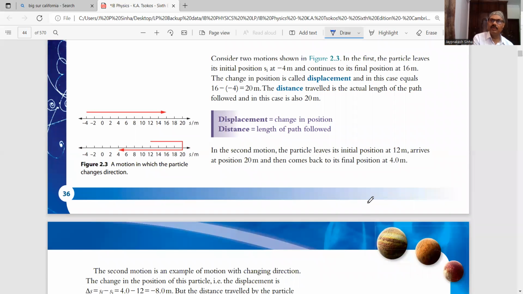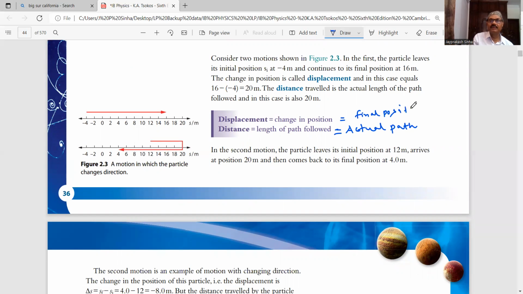You already know that displacement is the change in position, and distance is the length of path followed. This is the actual distance, this is the actual path. And this is the change in position, meaning final position of the body minus initial position.